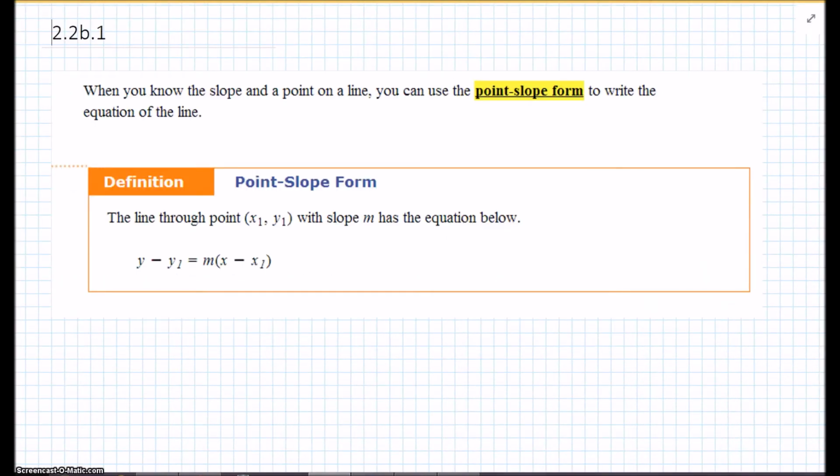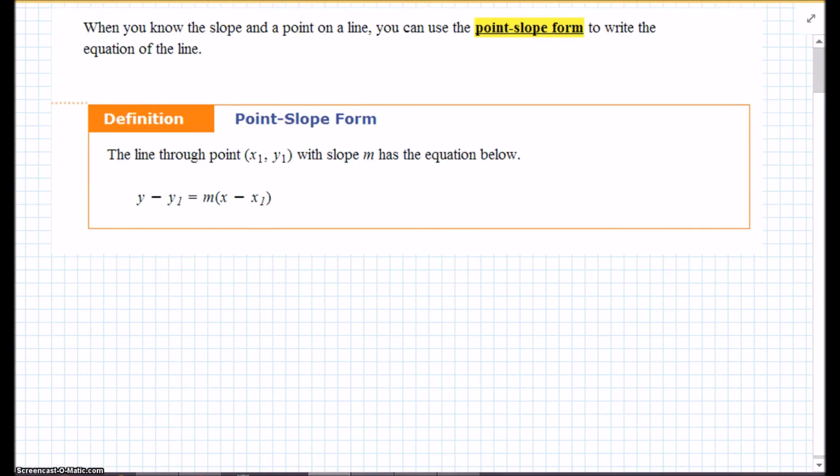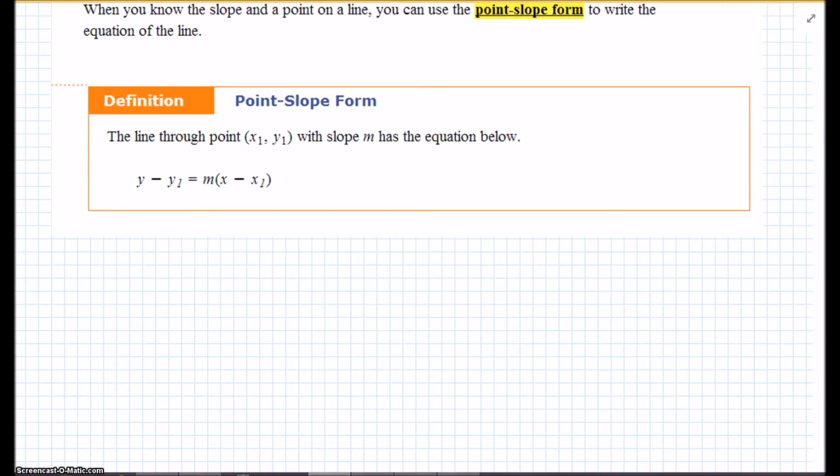So moving on to the next section. When you know the slope and a point on the line, you can use the point-slope form to write the equation of the line. So for a line through the point (x1, y1) with the slope of m, we can write the equation as y minus y1 equals m, which is our slope, times x minus x1, where we have the values for y1, the slope, and x1.